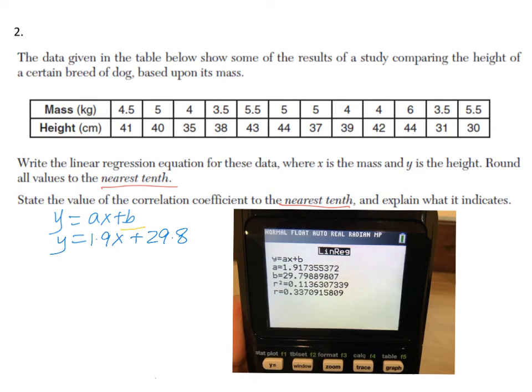This is our equation. And then for the correlation coefficient, we have the value of r right here. Even if we change it to the nearest tenth, we'll write it as 0.3. Now what do we see over here? We see two things. We see it's closer to 0, so it's a weak relation, but it's positive.